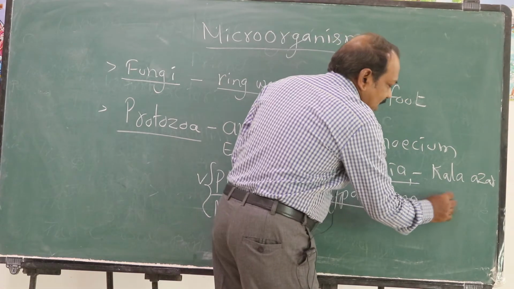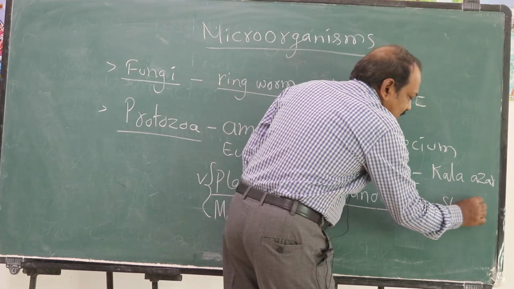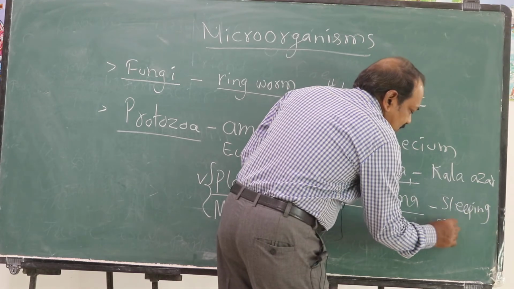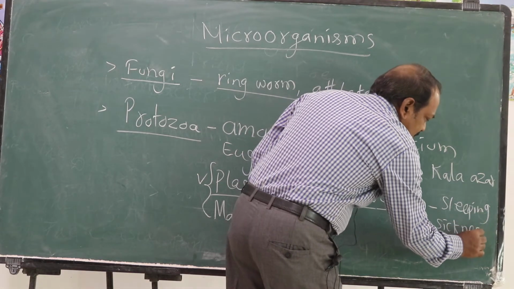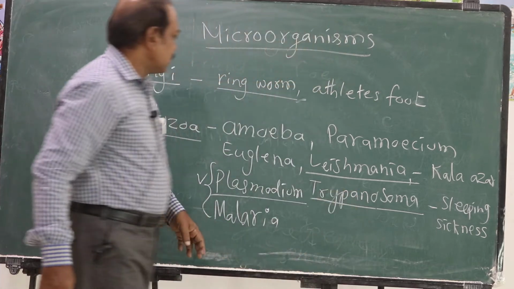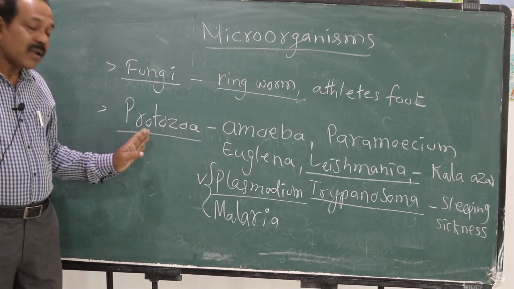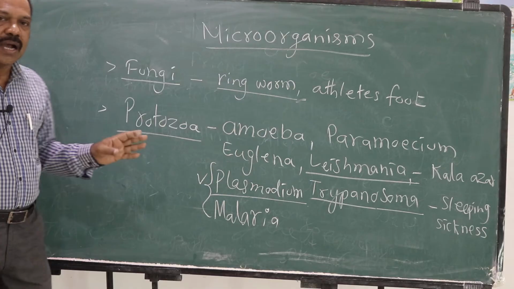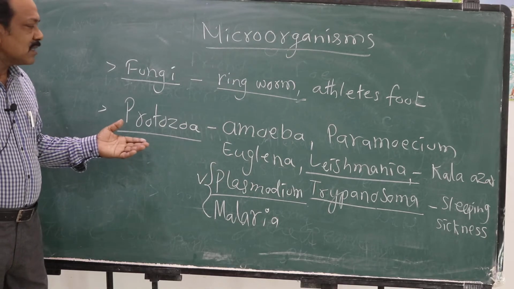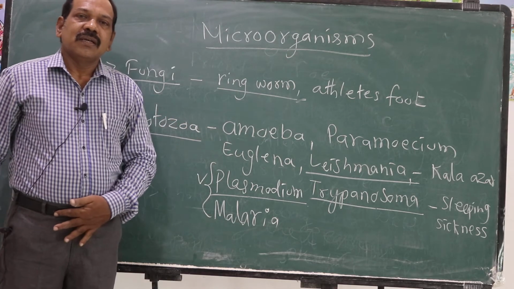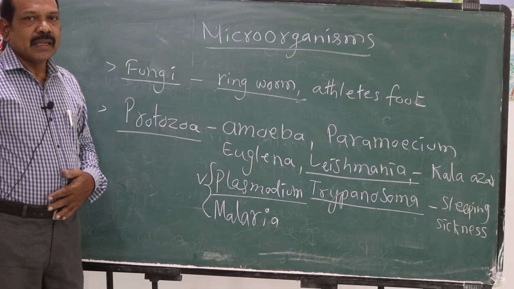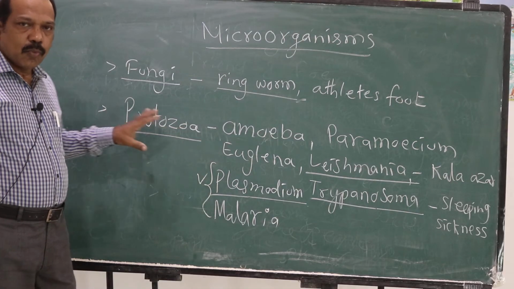And Trypanosoma causes sleeping sickness. There is another microorganism belonging to protozoa. Entamoeba histolytica causes amoebiasis. Amoebiasis is frequent motions with pain in the lower abdomen. So these are all the diseases caused by protozoal microorganisms.